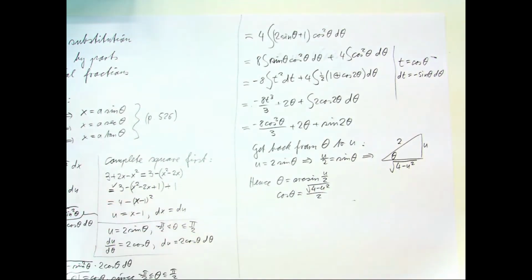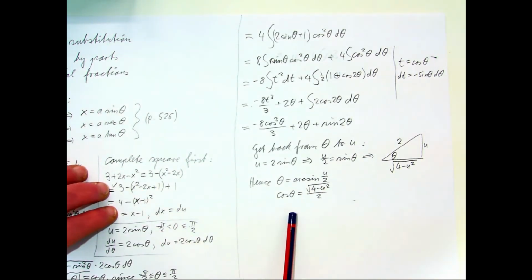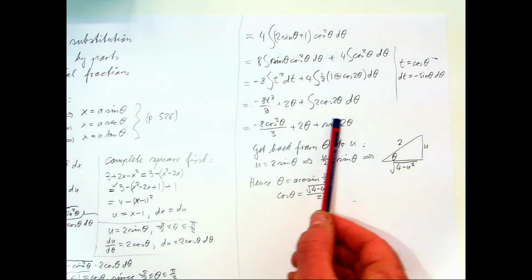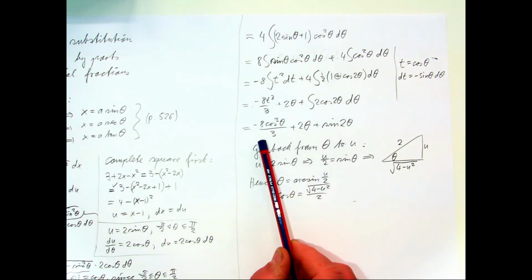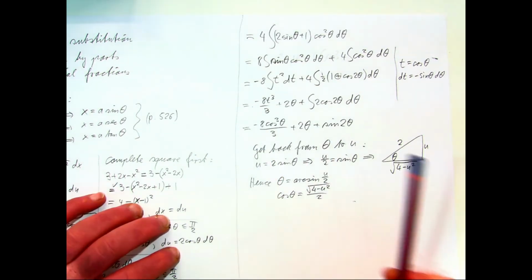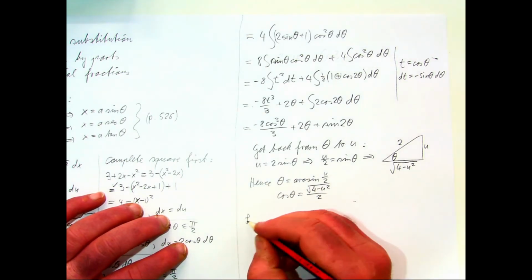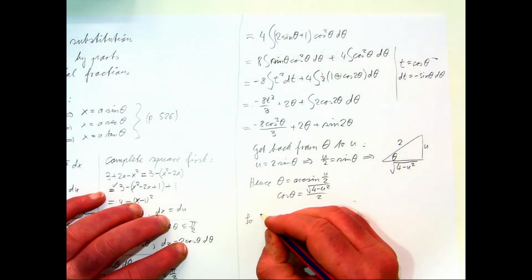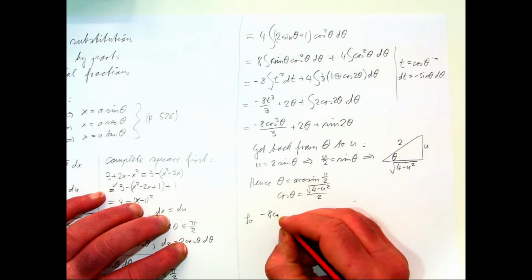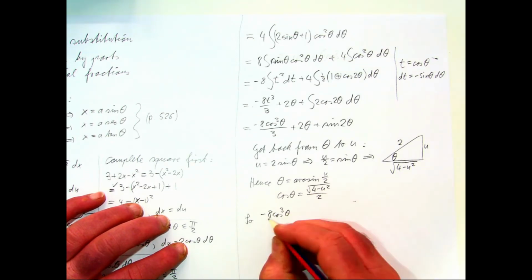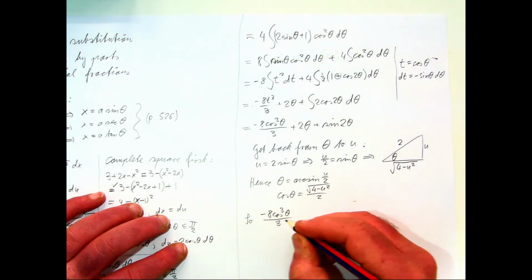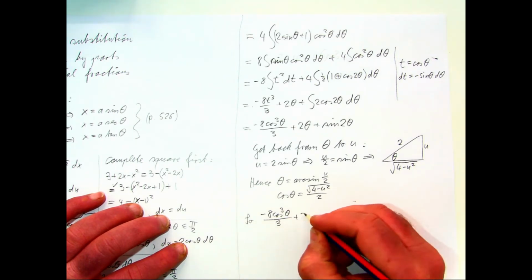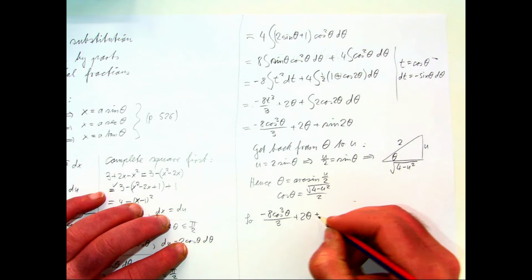And with this information, we can now express this part in terms of u. Let's write it again. Minus 8 cos to the third of theta over 3 plus 2 theta plus sine 2 theta.